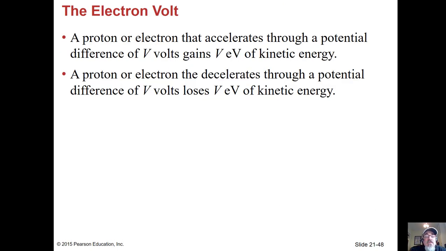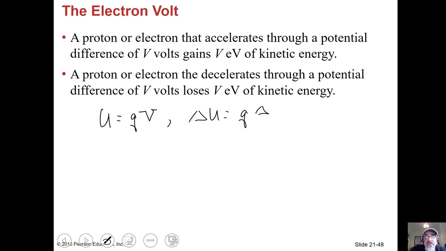Okay, so the first part of the chapter is using this idea of voltage. Remember, the energy is Q times V, and if you want, you could write it like this: delta U is equal to Q times delta V. The change in kinetic energy is minus the change in potential energy, so that can help us sometimes.